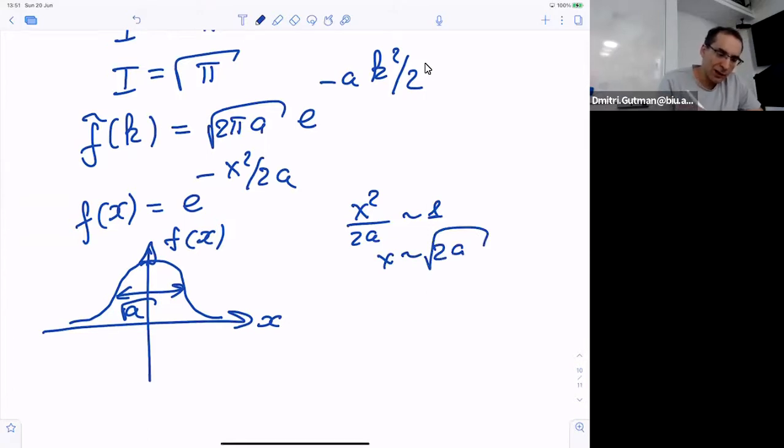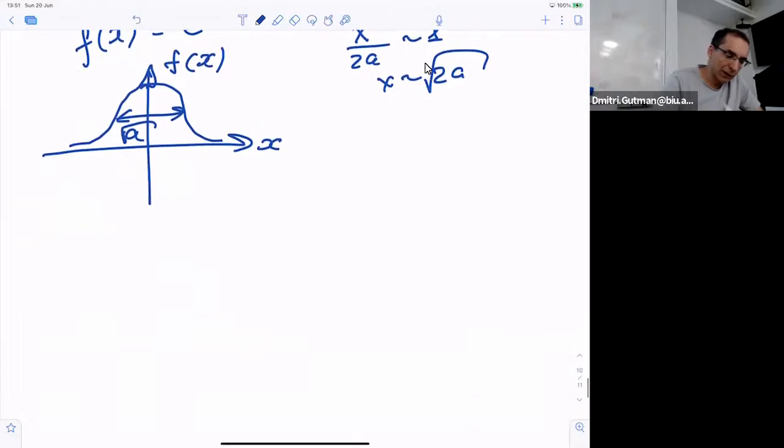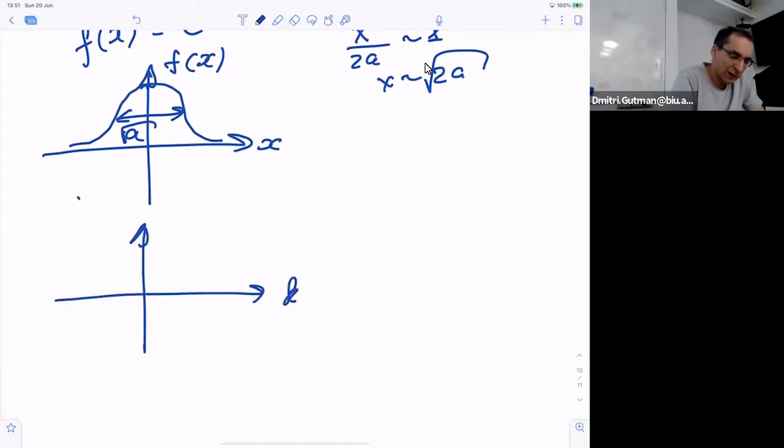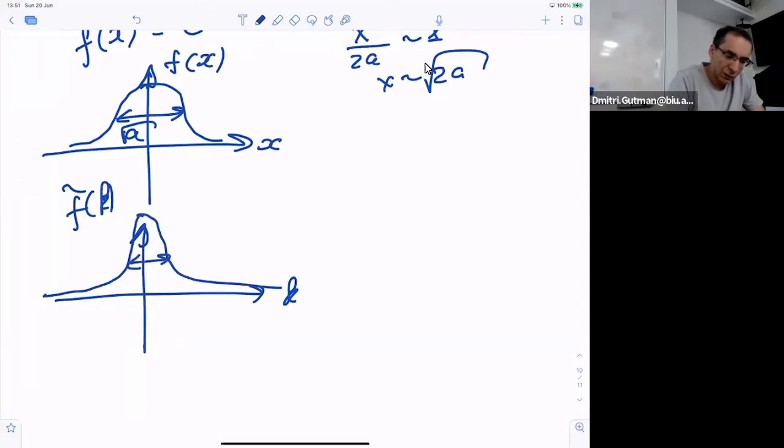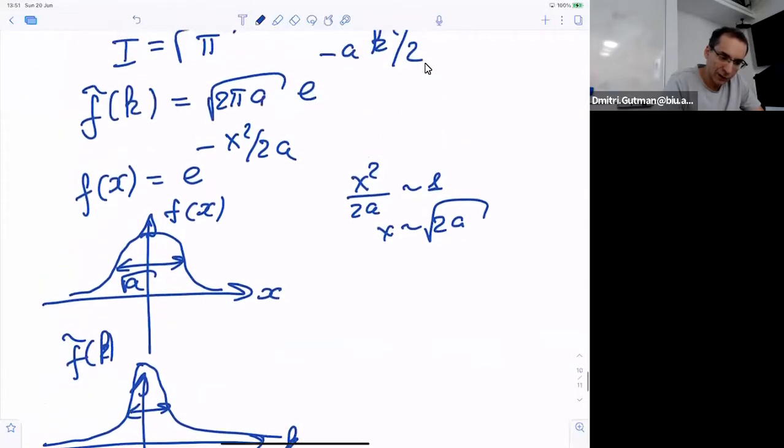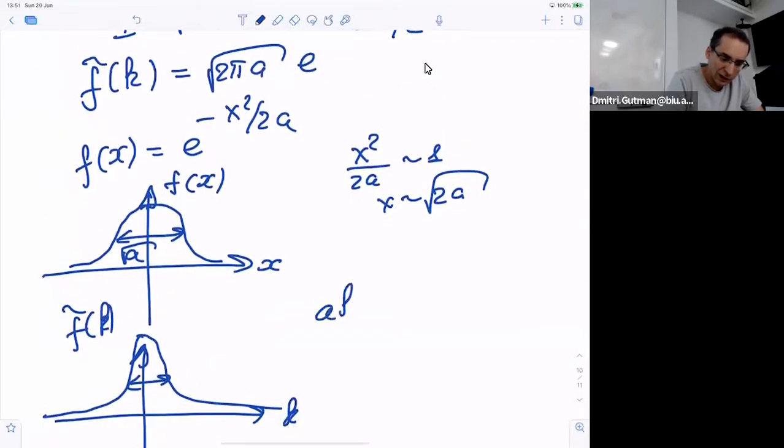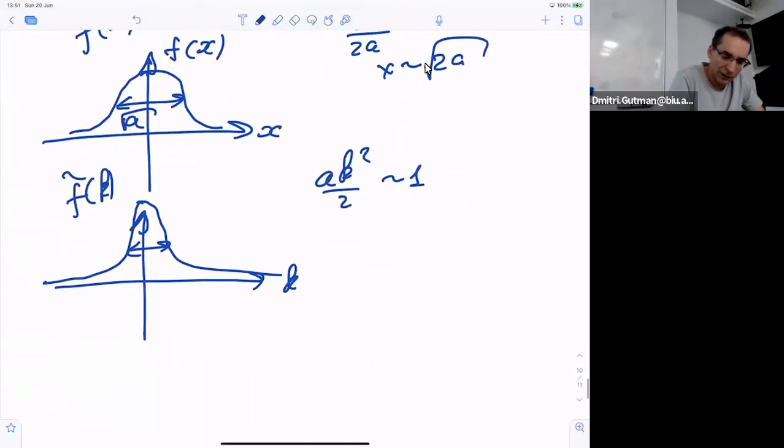Now, if I look at the Fourier space, and I draw f tilde of k, it's once again a Gaussian, but this time it's a Gaussian of different width. So it has a k squared over 2 equal to 1, so it roughly means that k is 1 over square root of a.